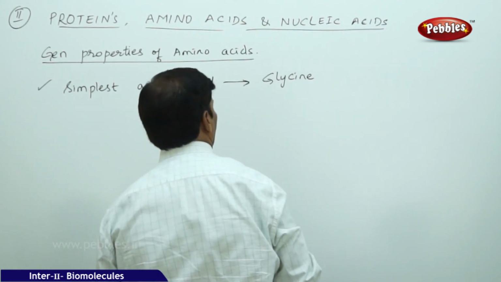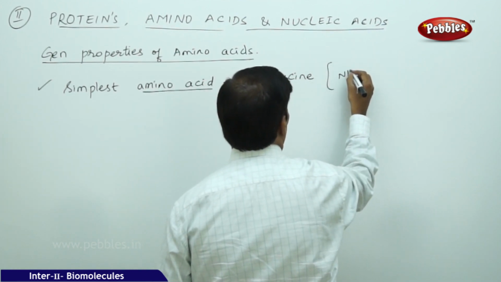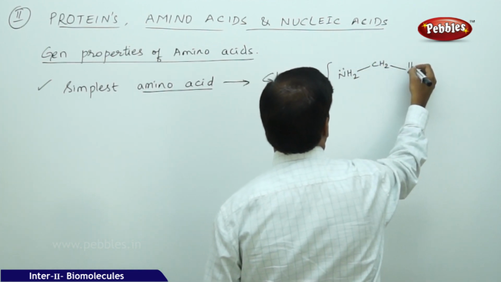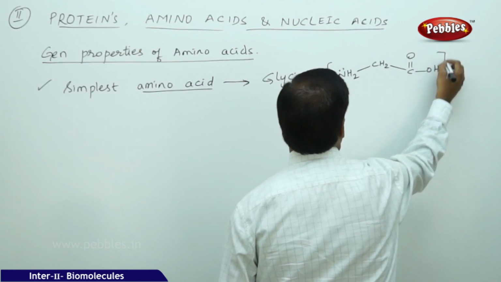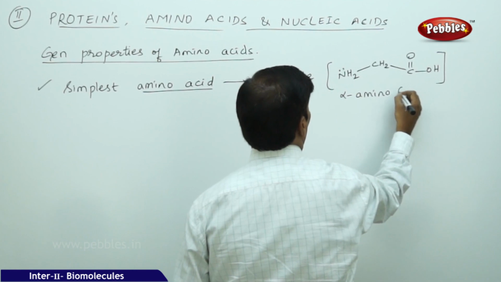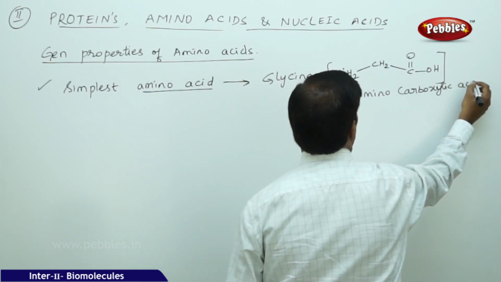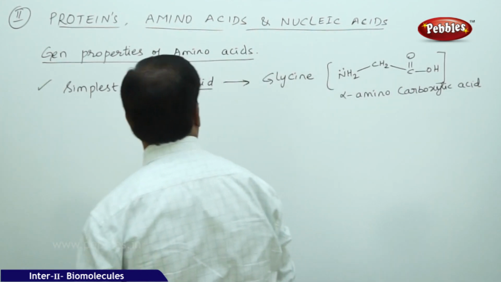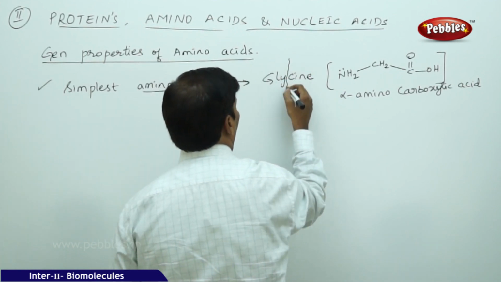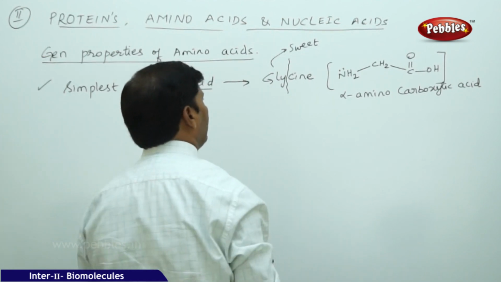The simplest amino acid is glycine, with the structural formula NH2-CH2-COOH. Simply we call this an alpha amino carboxylic acid. The word glycine means, gly means sweet amino acid.